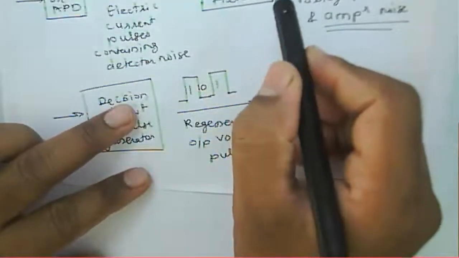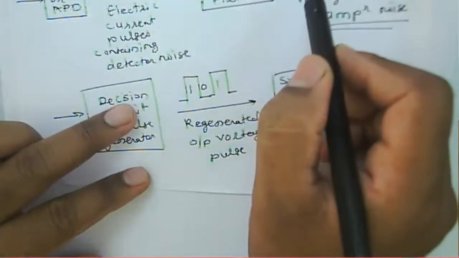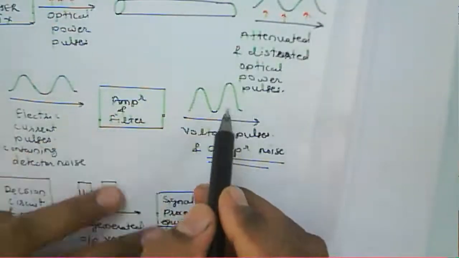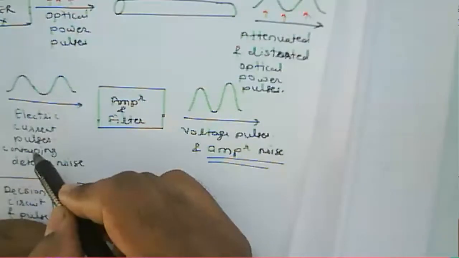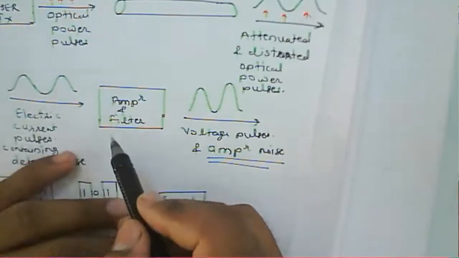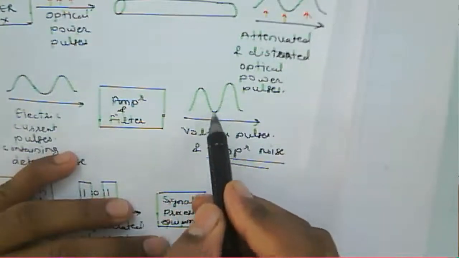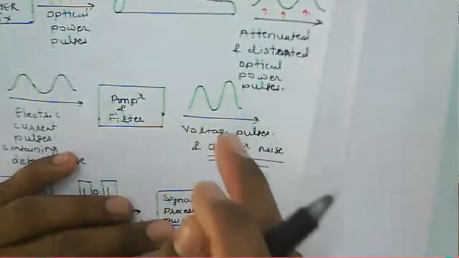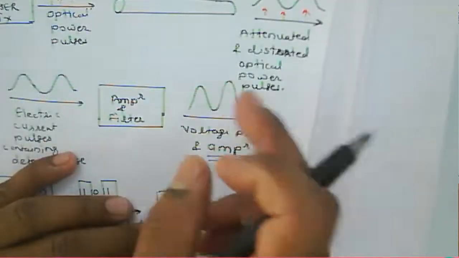The output comes from this detector, it will be amplified, and it will be passed through this filter, which reduces the noise. And then we have this received signal. There may be an intersymbol interference because of pulse overlap.